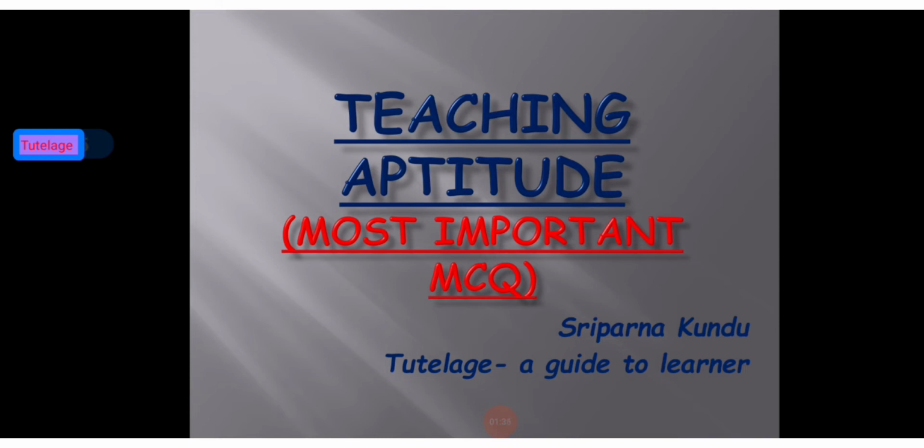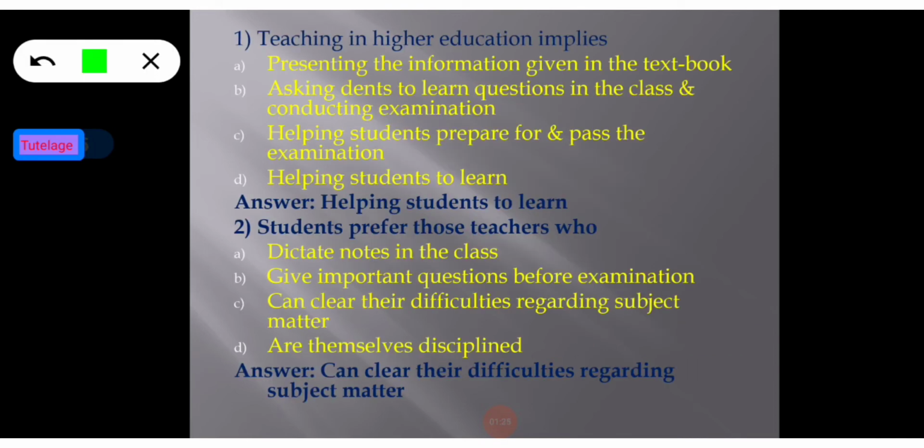Okay, so let's start the session and move on to the main slide. The first question is, teaching in higher education implies, and there are four options. First one is presenting the information given in the textbook. Second one is asking students to learn questions in the class and conducting examination.